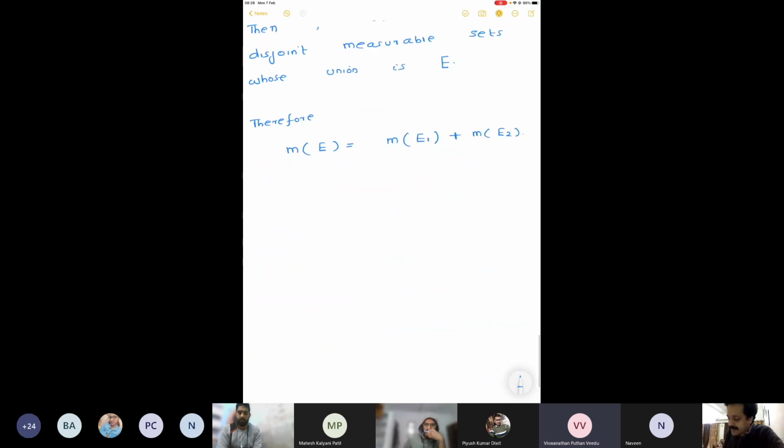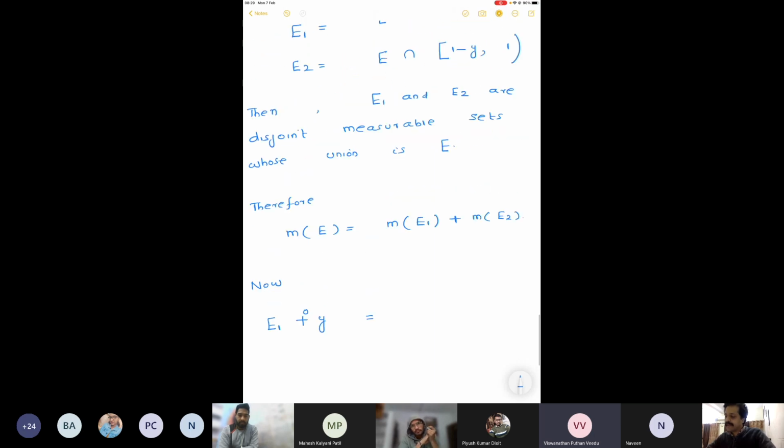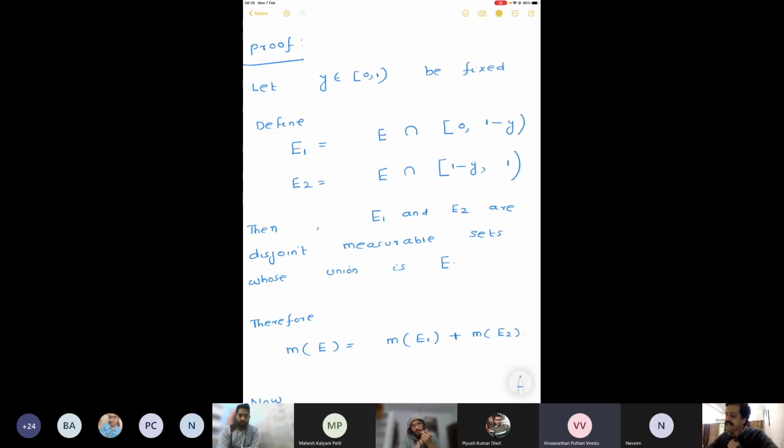Now, let us try to see E1 special translation with y. What is E1 plus y? You will take an element in E1 and add y to it. But remember, elements in E1 are less than 1 minus y.